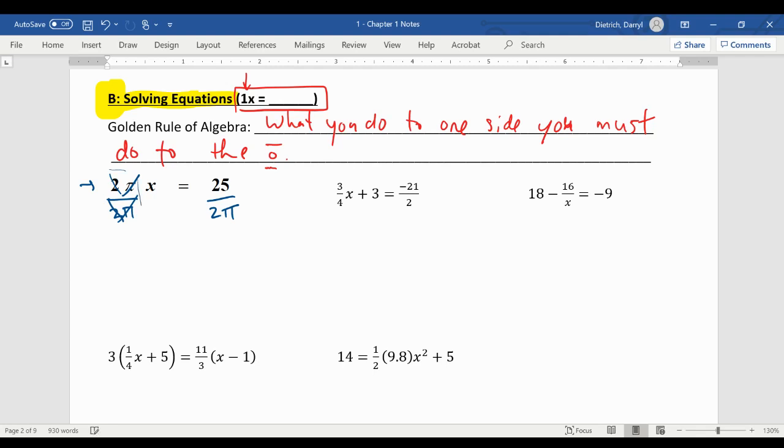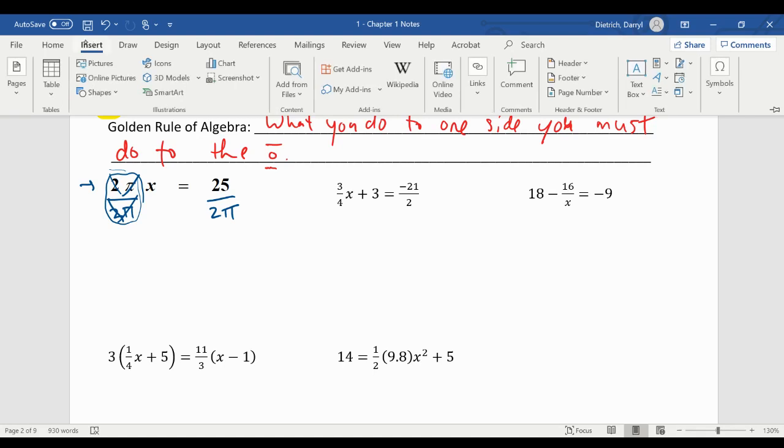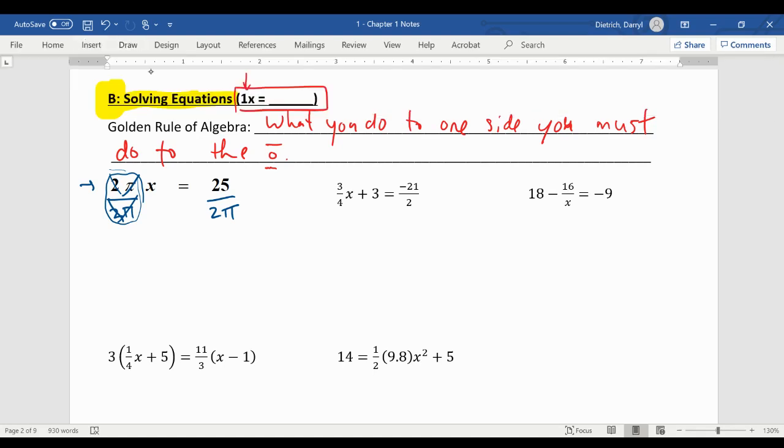So this whole thing now is just equal to 1. Okay, so our problem now turns into 1x is equal to 25 divided by 2 pi. Okay, and then if we were to plug and chug that, we should get to an answer of 3.98. Put a little box around that.